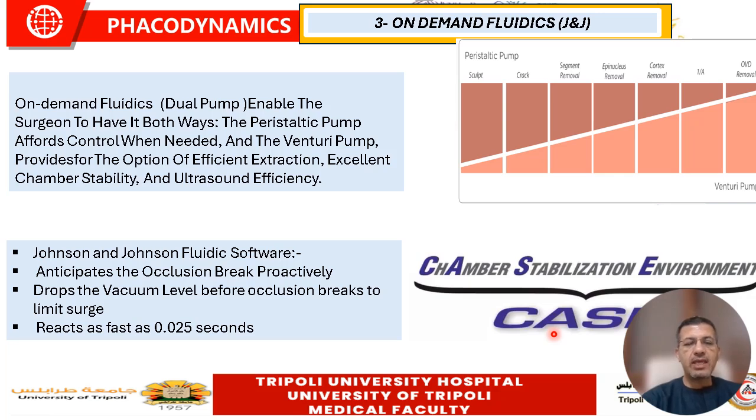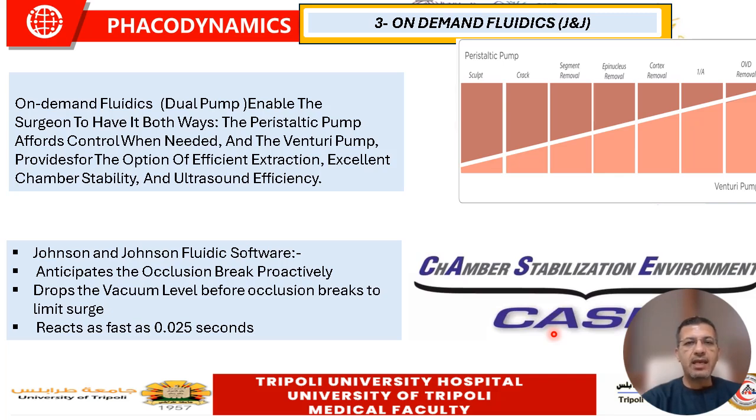The surgeon sets the standard parameters for his surgery and also sets a trigger for activation of the occlusion mode. Once the occlusion mode is activated, the parameters of the machine change from high vacuum and high aspiration flow rate to a low vacuum and low aspiration rate.